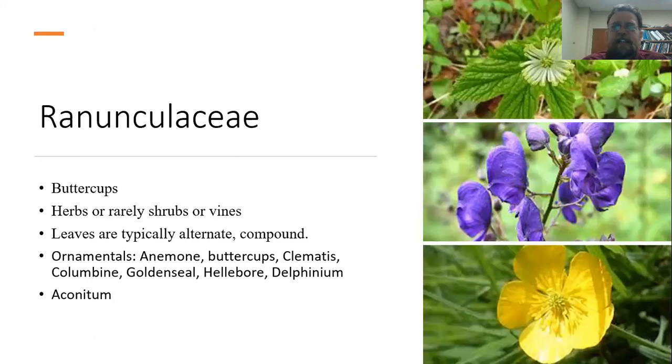The Ranunculaceae, or the buttercups, most of these are herbs, but there are some shrubs and vines in here. A lot of ornamental plants like anemone and buttercups and clematis. Some of those are used as herbs, and particularly for herbal medicine. Again, no recommendations here.